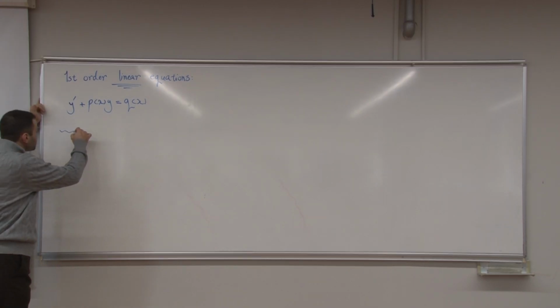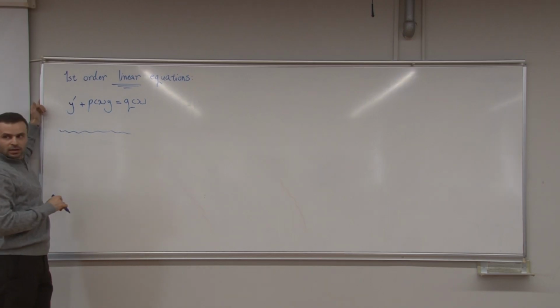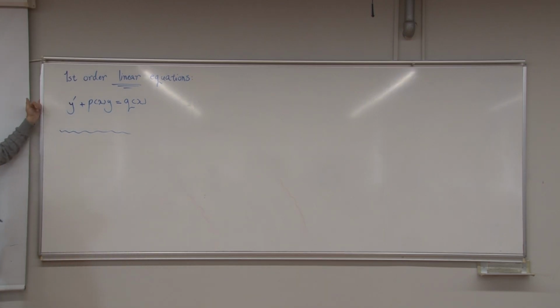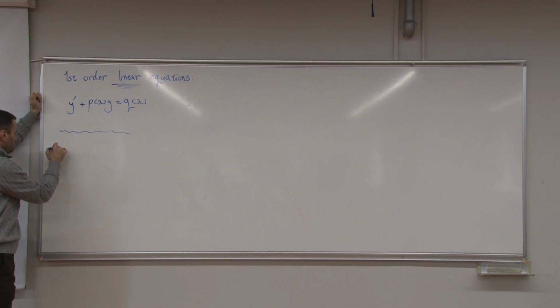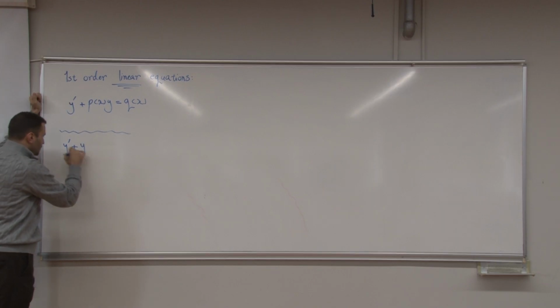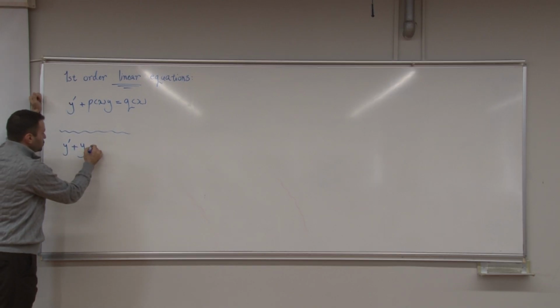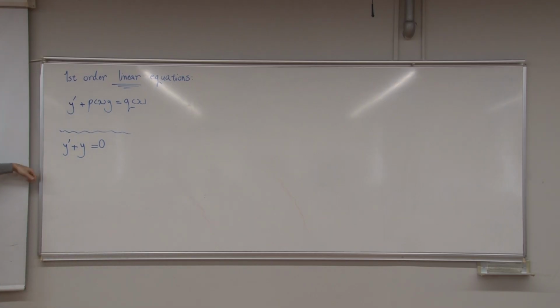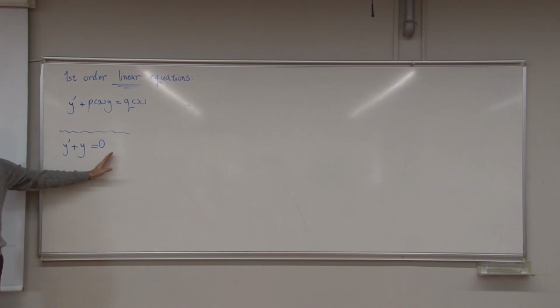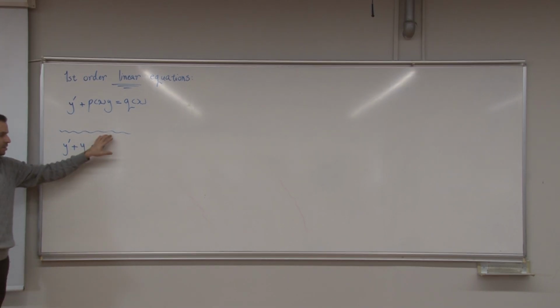Let's start when p of x and q of x are constants, such that y prime plus y equals 0, and the equation is going to be homogeneous. Is this a first order linear differential equation or not? Yes. And it is homogeneous, okay? Because the right hand side is equal to 0.